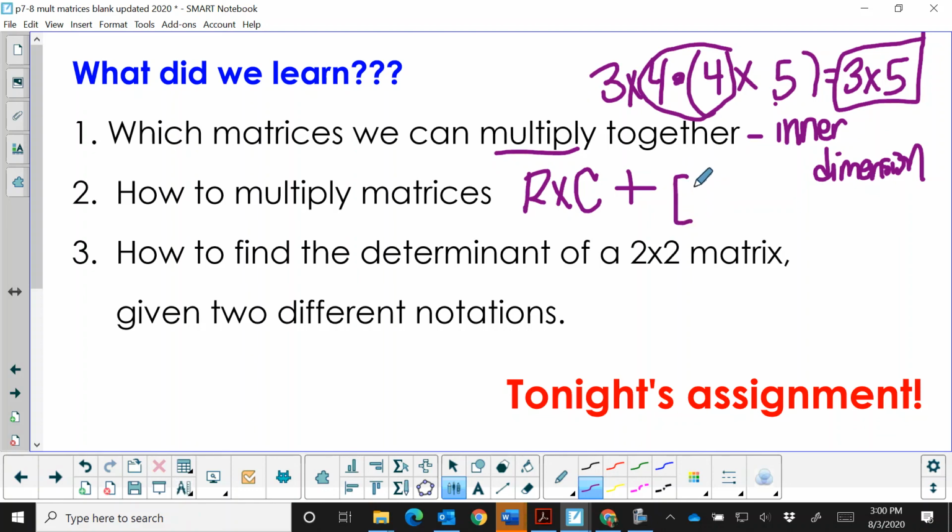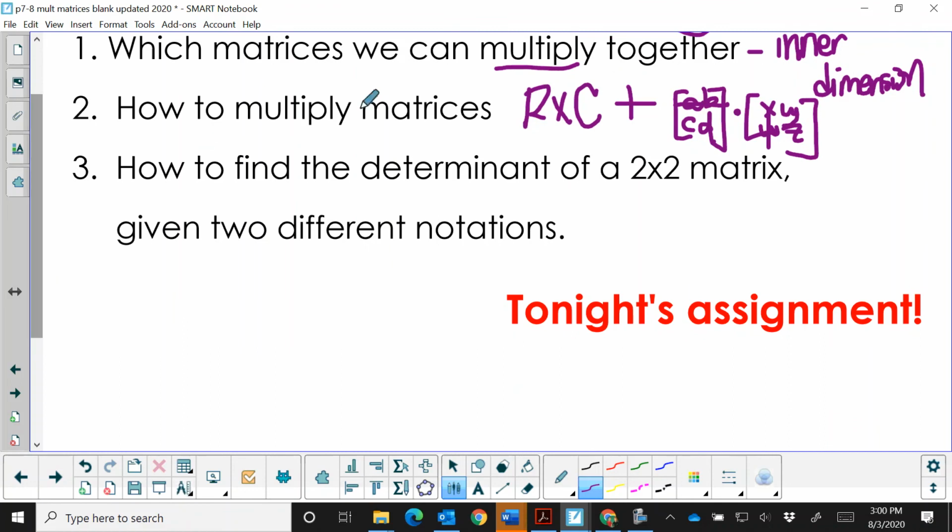So I'll just call this A, B, C, and D. If I'm multiplying it by X, Y, W, Z, yes, I can multiply them together because I have rows and columns that match. This row and this column, you multiply and you add those elements together.